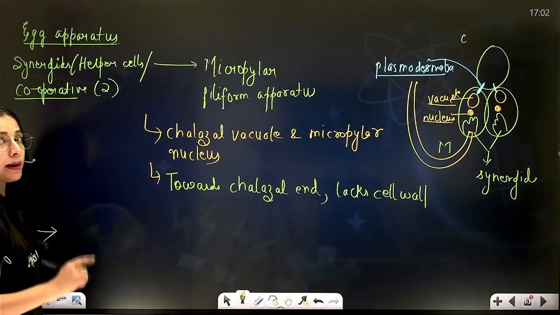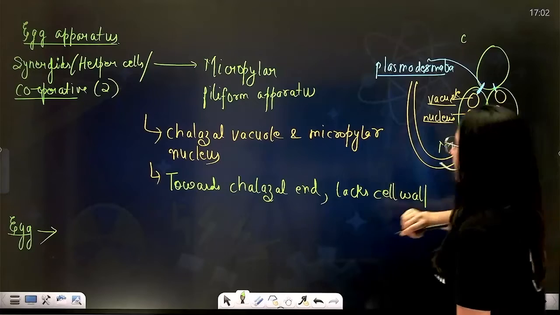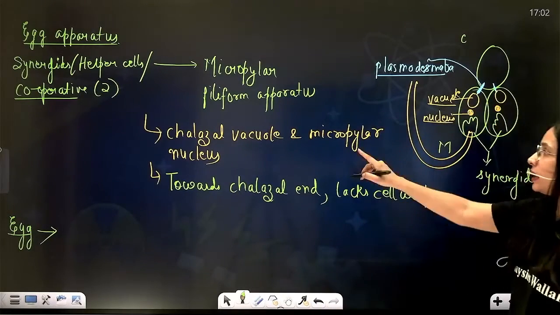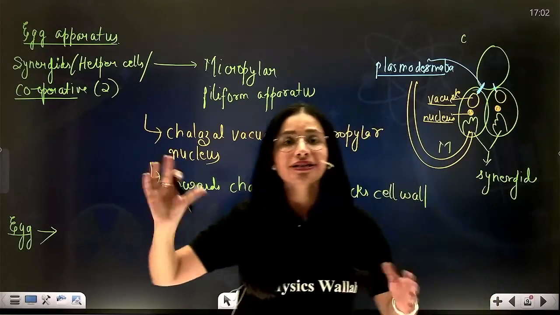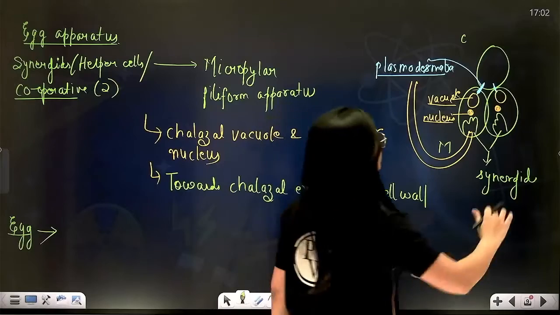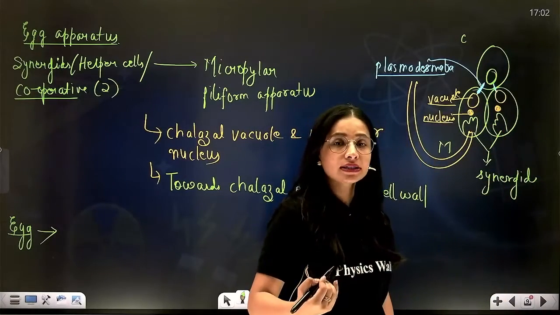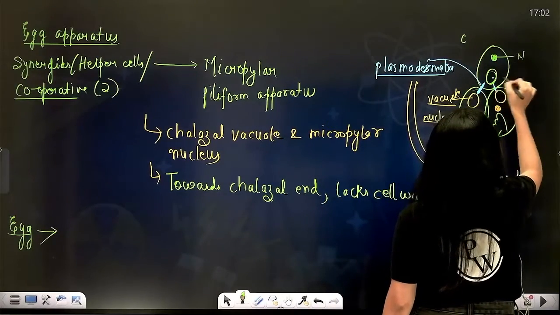The egg is supported by two synergids, which are connected with the help of plasmodesmata. Now the polarity of cytoplasm, the polarity of vacuole and nucleus, in the case of the egg is just the reverse. That means the egg will have vacuole towards the micropyle and nucleus towards the chalaza.